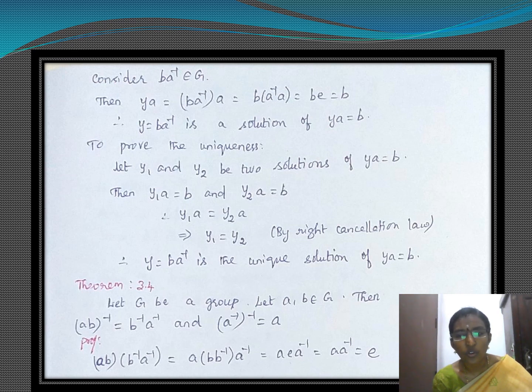That is, we are going to prove the inverse of AB is B inverse A inverse. Therefore, we have to calculate AB into B inverse A inverse. Use associative property, A into (B B inverse) into A inverse equal to, use identity property, A A inverse equal to E.